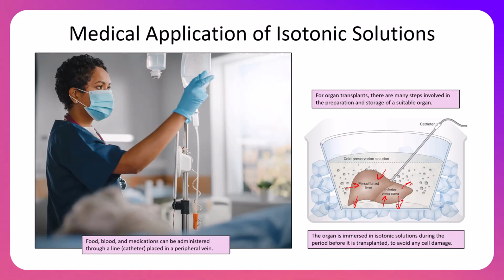And so if the organ is immersed in an isotonic solution during the period before it is transplanted, it will avoid cell damage and therefore work correctly once the organ is placed into the recipient post-surgery.